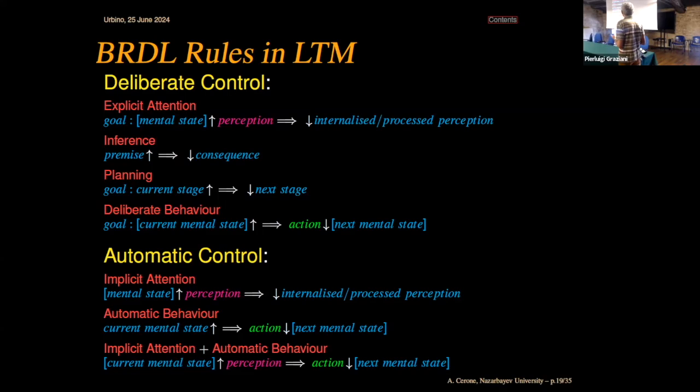This way allows you to describe many kinds of thinking behaviors and actual behavior as well. So for example, an inference will have a premise here and a consequence here. So in this notation, what counts is the structure. Then you can be very flexible.